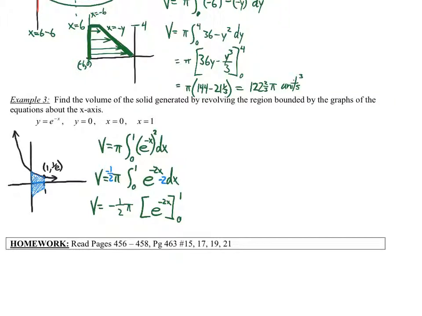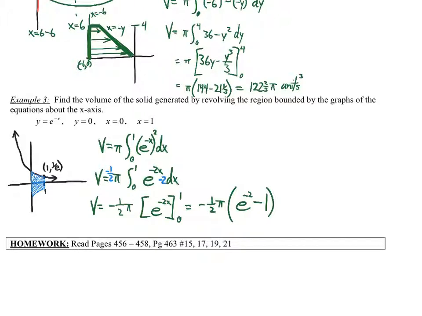By the way, here's a good example. Don't just always assume that when you plug in 0 it equals 0. In this case it equals 1. So negative 1/2 pi times, if I plug in a 1, I have e to the negative 2, and if I plug in a 0, I get 1.